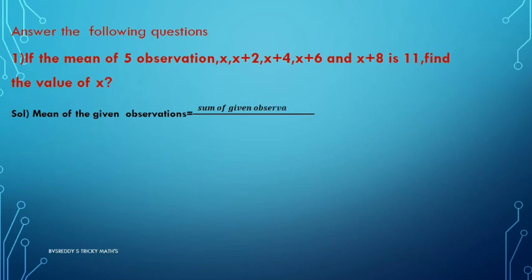Sum of given observations by total number of observations. The total number is 5, that means 5 observations are given, and the mean is also given, it is 11. So in the place of mean we write 11.